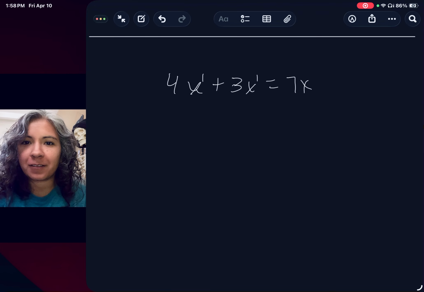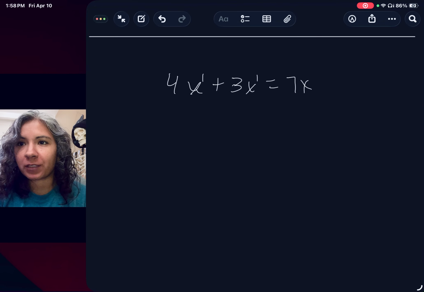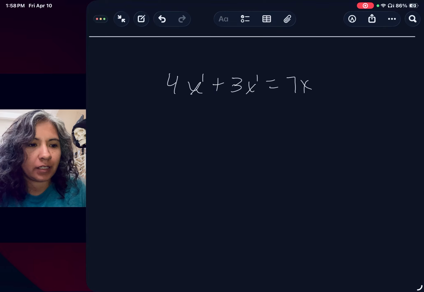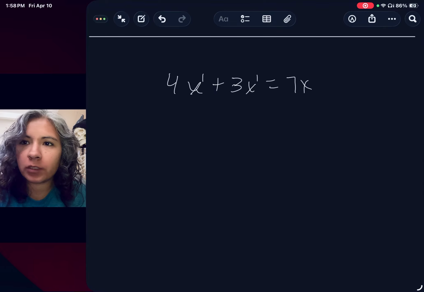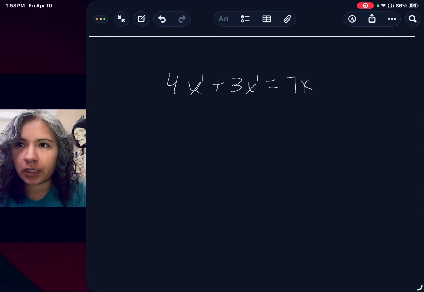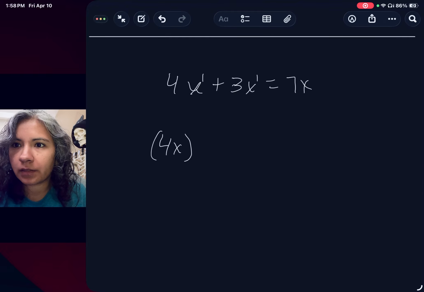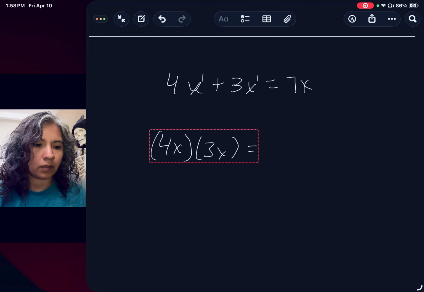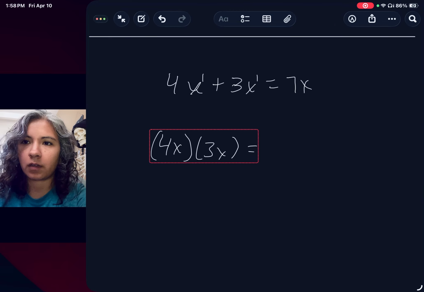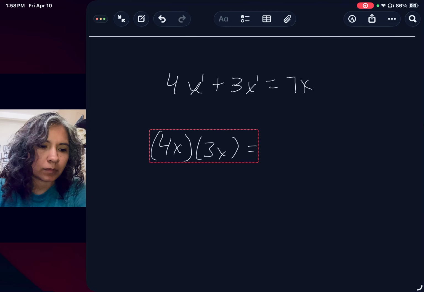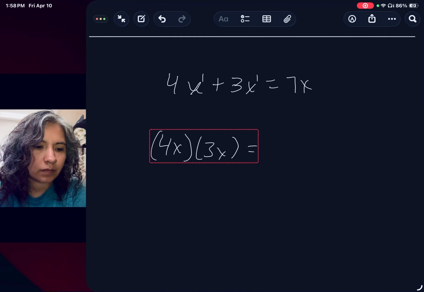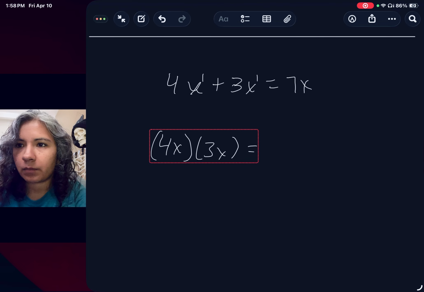Okay, so now we're moving on to multiplication of terms. When we multiply terms, I'm going to use these same ones, but as if we're multiplying them: 4x times 3x. All of these factors are going to be part of it.